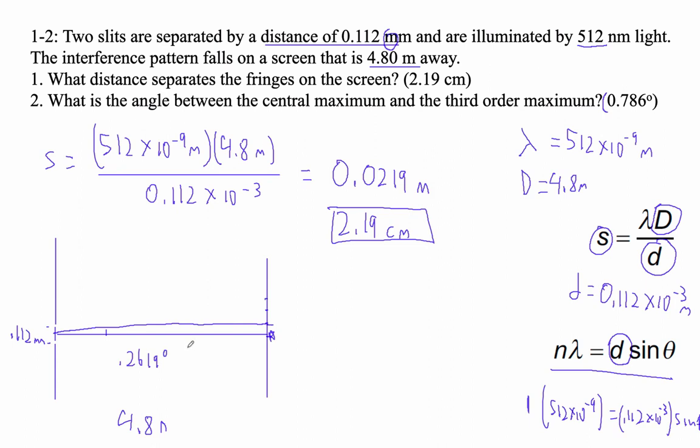We know that the adjacent side is 4.8 meters, right? And we know that the opposite side is, well, tangent of theta is opposite over adjacent, right? So therefore, the opposite side is the adjacent times the tangent of that angle, okay?